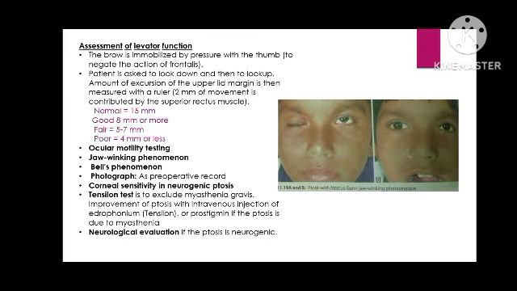And next is marginal crease distance, or MCD. It is the distance from the upper eyelid margin to the lid crease, measured in down gaze. In women the normal central MCD is about 8 to 10 mm, and in men it is about 5 to 7 mm.